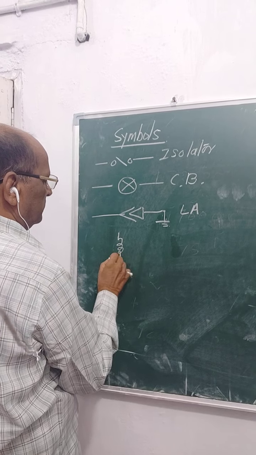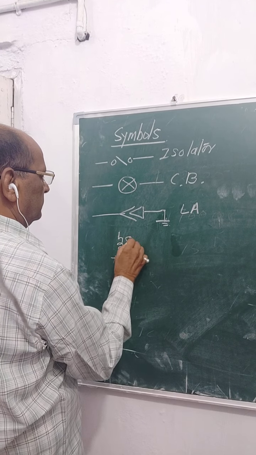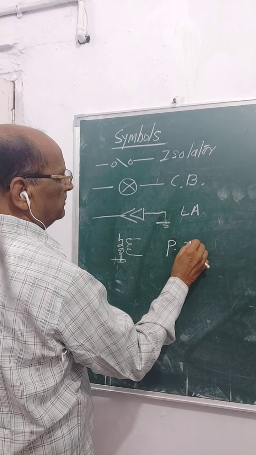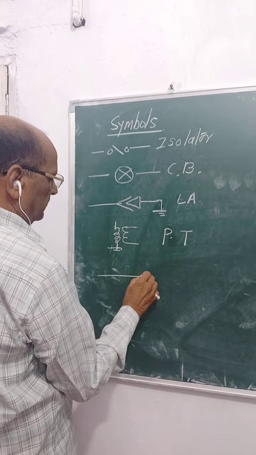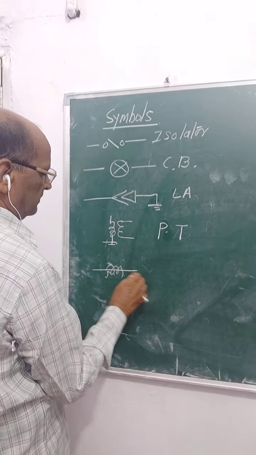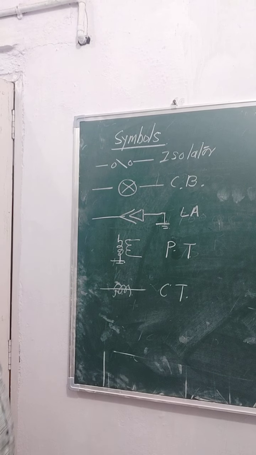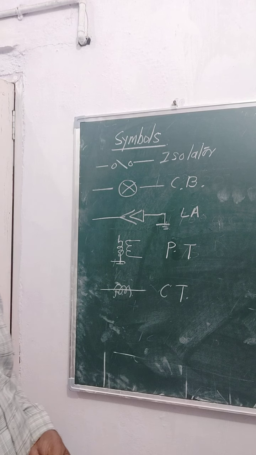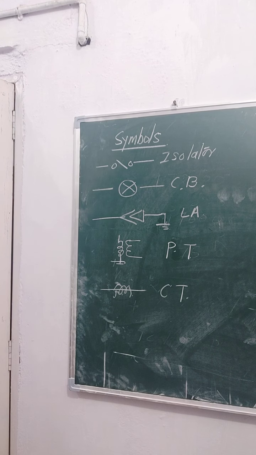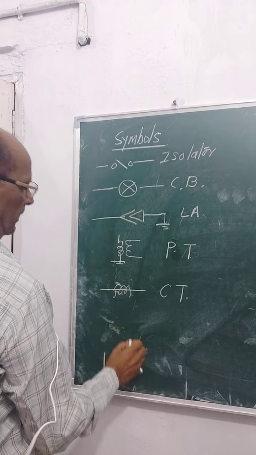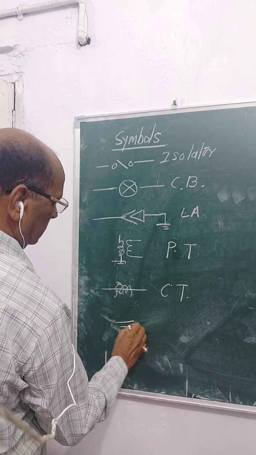This is a potential transformer, and this is a current transformer. So these are the abbreviations we will use for preparing the diagram. Okay, and this is for earthing.